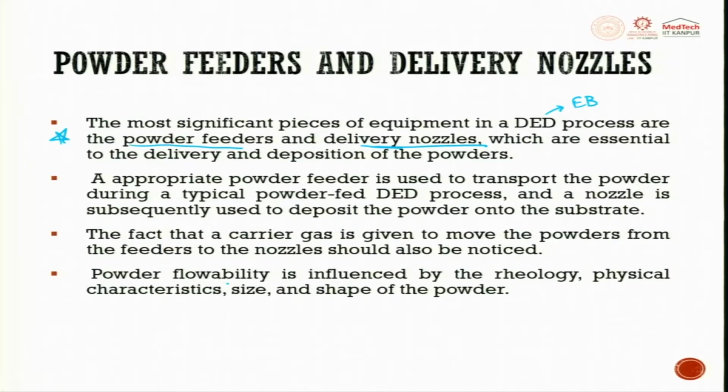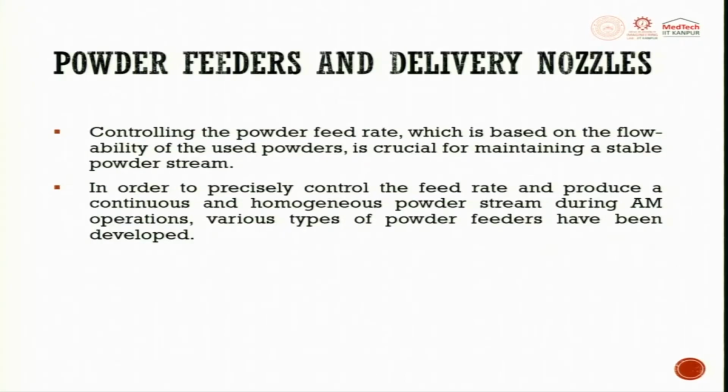The powder flowability, that means flowing of powder, is influenced by the rheology, physical characteristics, size, shape of the powder. Rheology means the way it is flowing, right. So, rheology, physical characteristics, size, shape of the powder are very important when we talk about powder flowability.